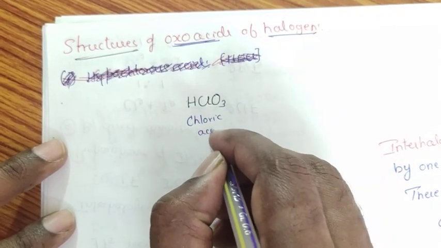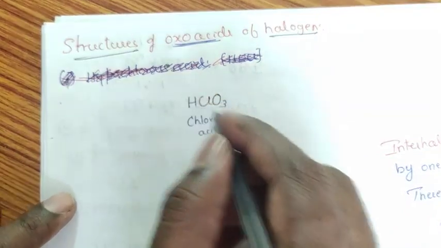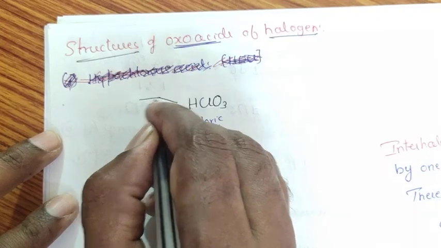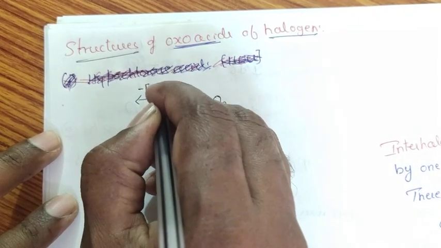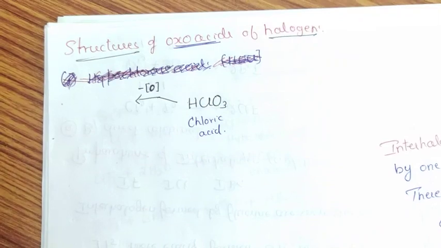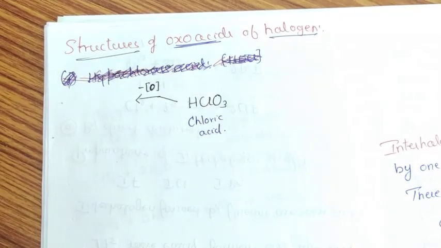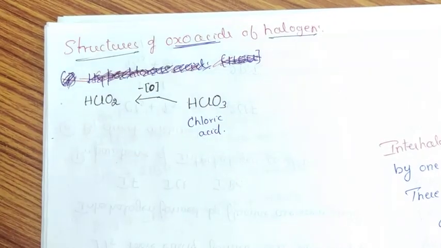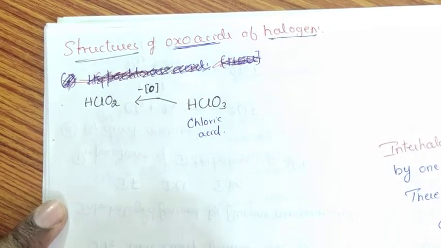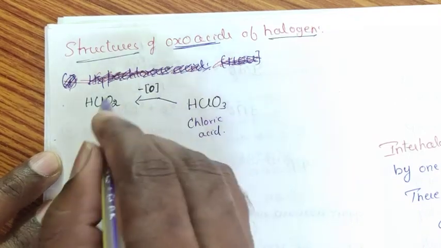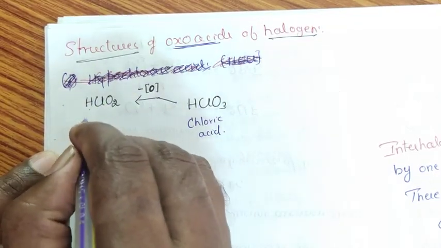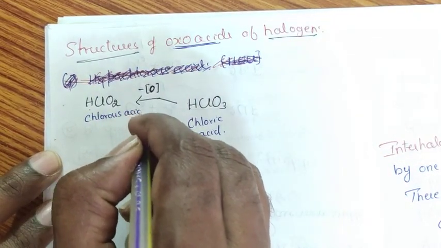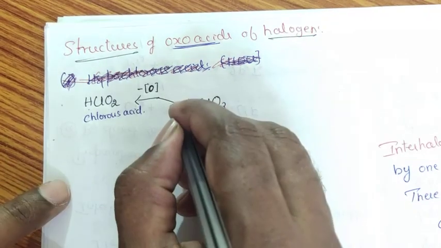If I remove only one oxygen atom from this compound, it can be written as HClO2. As soon as I remove one oxygen atom, the composition becomes HClO2 and the name of the compound is chlorous acid. Chloric acid gets converted into chlorous acid.